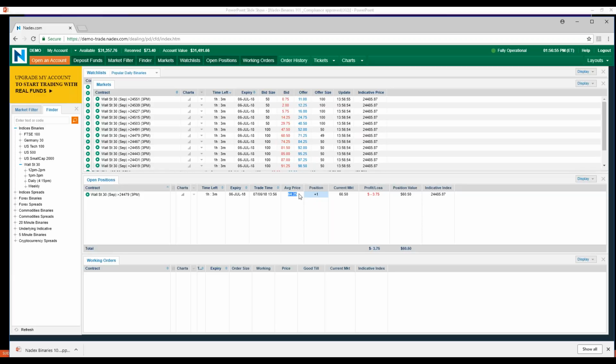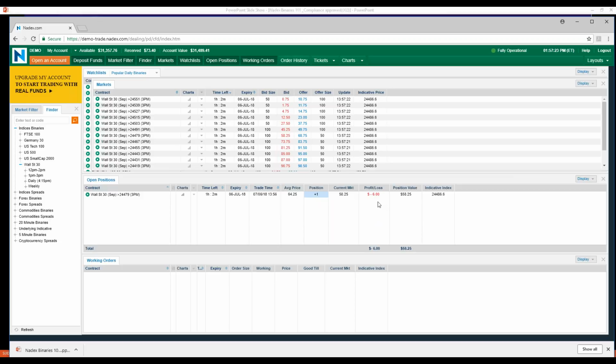What's the most I can lose on this trade? 64.25. That's my maximum risk, the most I can lose. So how much got taken out of my account and put on hold? 64.25, right? Plus the fee, right? So if I were to exit this trade right now, where's my profit and loss at?